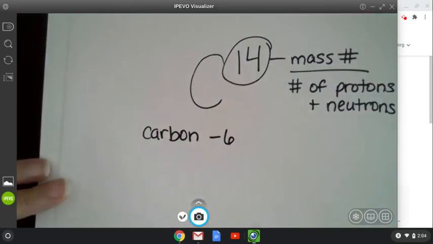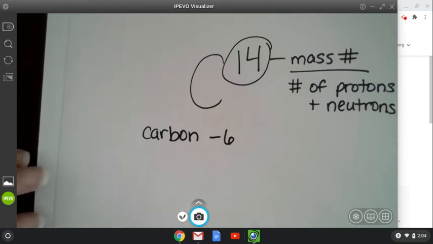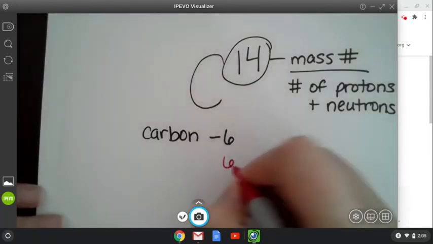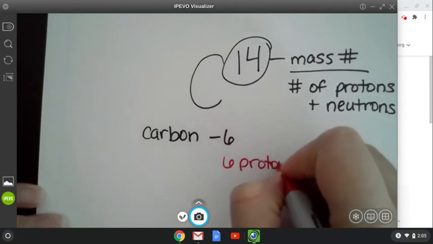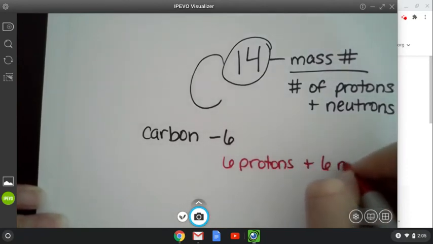In a neutral element, this atomic number will not only tell you how many protons you have, but it will also tell you how many electrons and neutrons you have. So if it's neutral, or just a normal element, it means we have 6 protons and 6 neutrons.